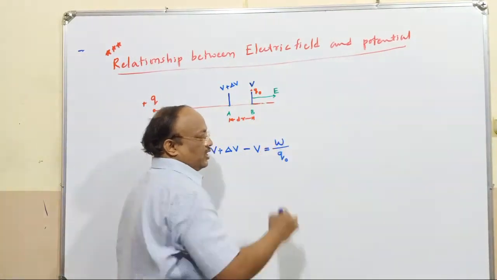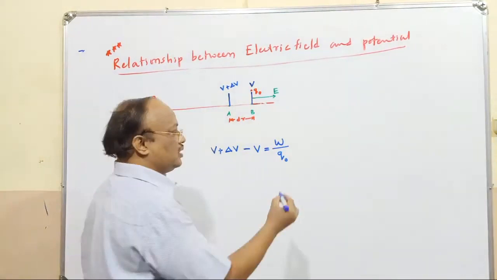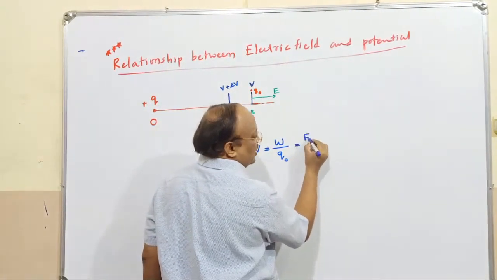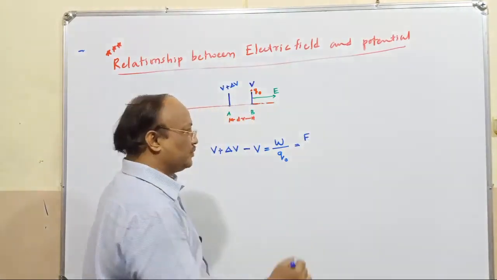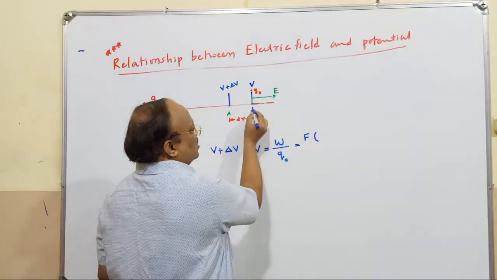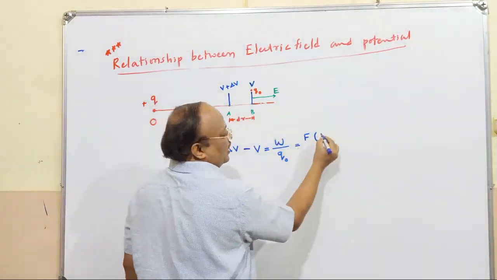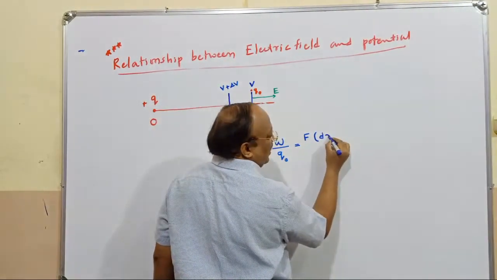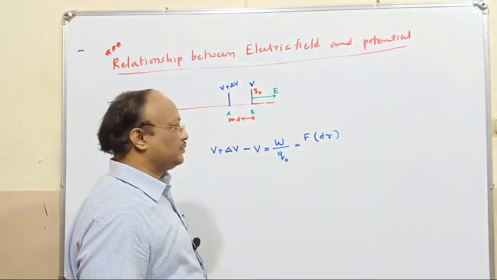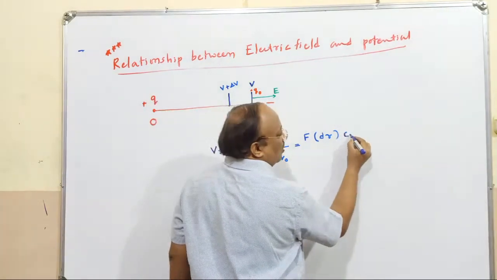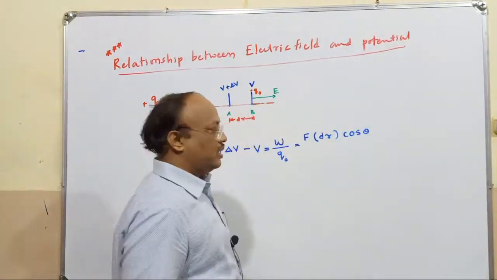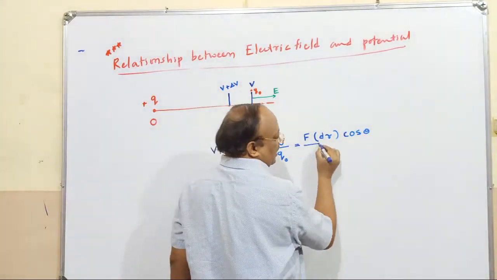So what is this W? I can write it as F, force, into the distance you are moving, dr, into cos theta. This is our work done divided by Q naught.